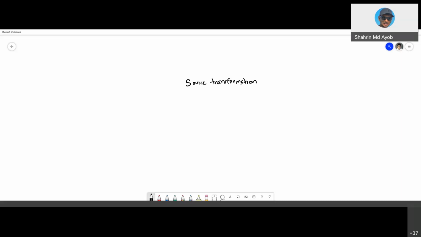Source transformation is about this: if you have a single voltage source connected to a single resistor in series, this is your voltage source and this is your R. You can transform this into a single current source in parallel with a resistor.